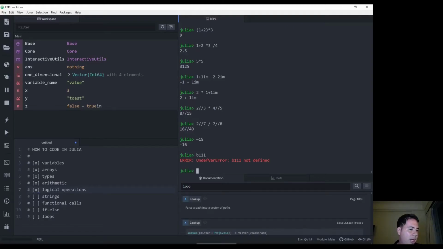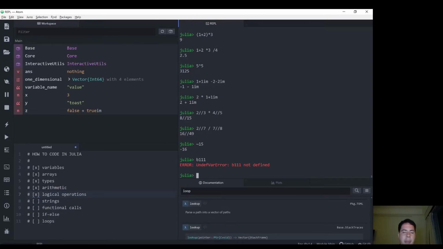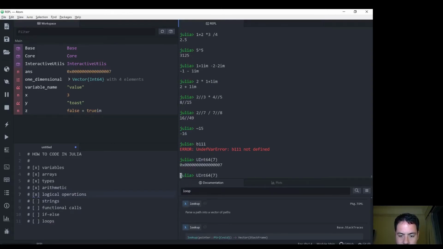Let's take a look at some of the bitwise operations for Julia. Let's start with an unsigned integer of, let's try 7. Okay, and now we do the bitwise not of that. It's just that.